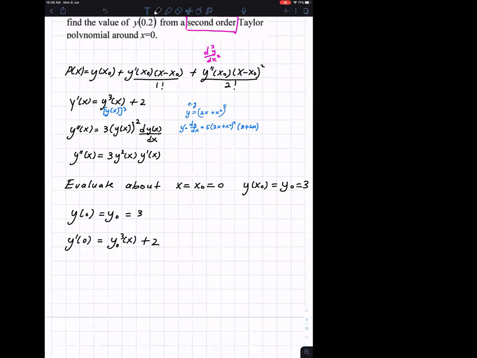Sorry, not 0. y cubed plus 2, which is equivalent to writing y cubed, y naught plus 2. Okay, what is y naught? Y naught is 3. So 3 cubed plus 2 is 29.